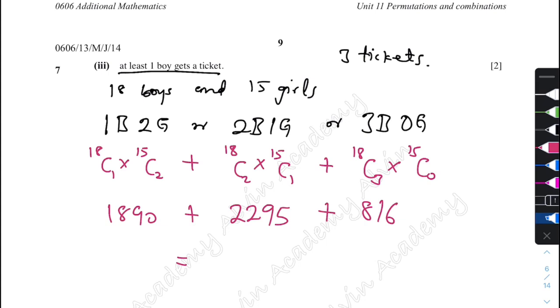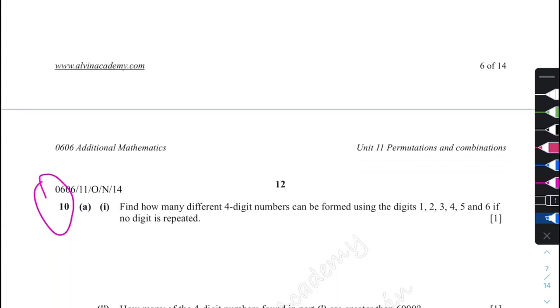In all, we have 1890 plus 2295 plus 816, giving us 5001. Okay, so that is it for that particular question.